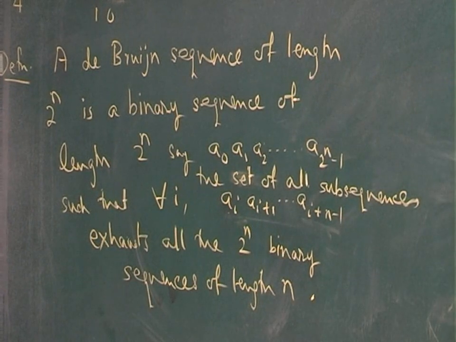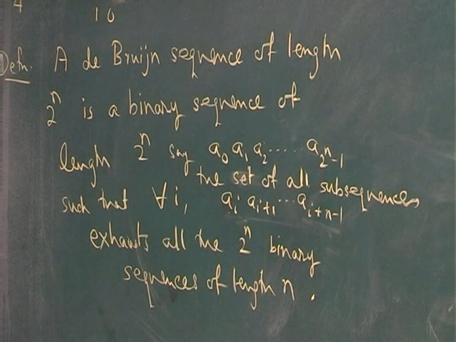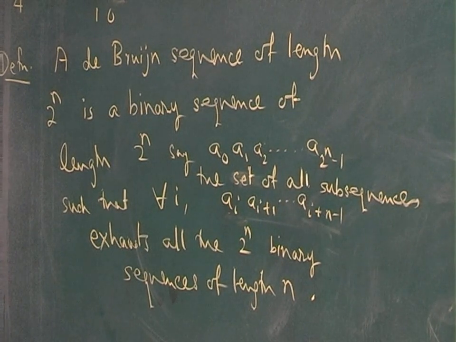So the example there is a de Bruijn sequence of length 2 square.